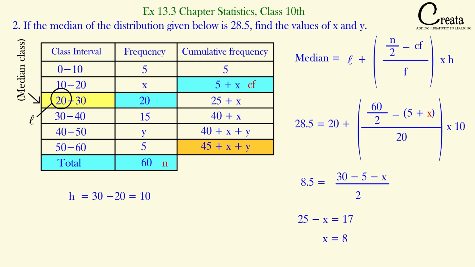This is the last row, it means it is the total addition of the frequencies. And in the question itself, the total is given as 60. So we can equate this value with 60. Here x we have just calculated as 8. Now we can easily solve for y. On solving, we got the value of y as 7. We got x as 8 and y as 7. We got the answer. Got it?